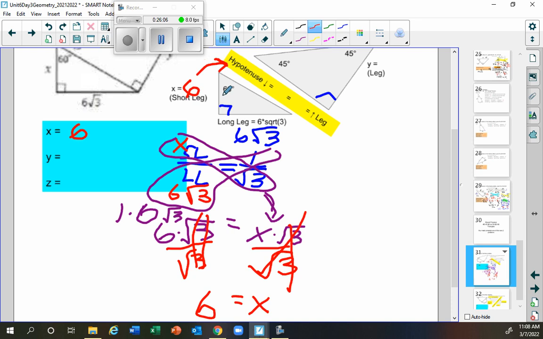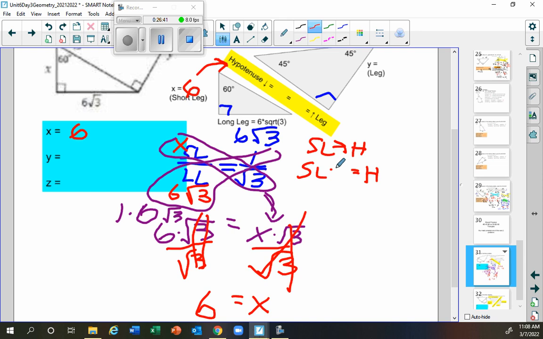What's that? Okay. So from short leg to hypotenuse, I'll give you a hint. How many fingers am I holding up?